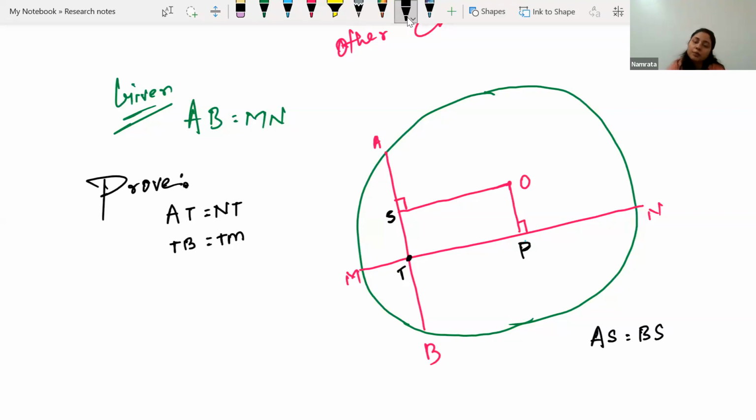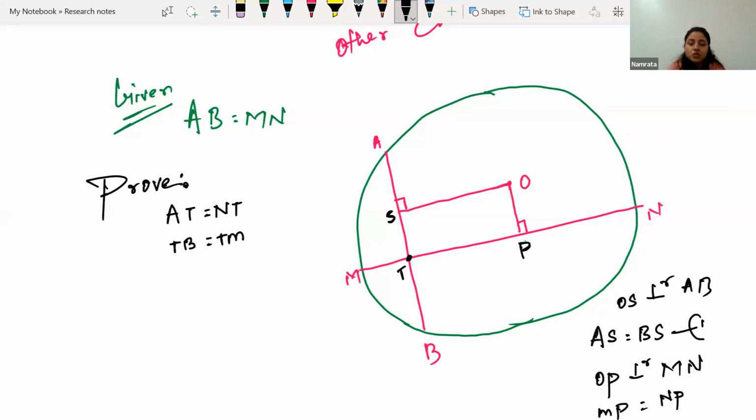Once we drop the perpendicular from the center, it will bisect the chord, right? Similarly, OS is perpendicular on AB and hence AS, BS are the same. Similarly, OP is perpendicular on MN and hence MP and NP will be the same.